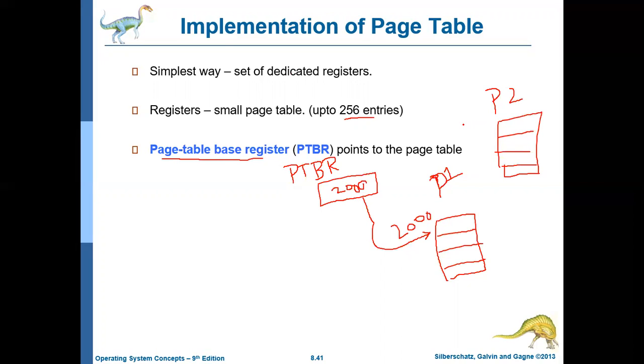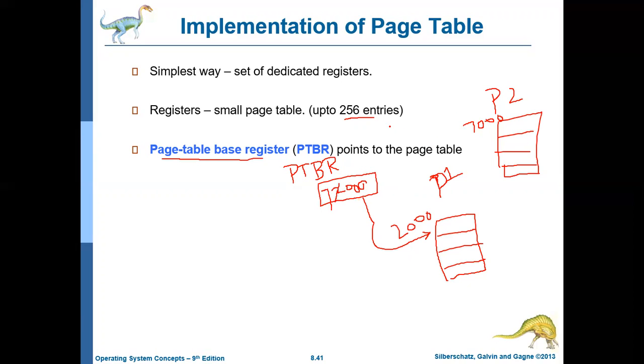And maybe this page table may start at location 7000. So at this point of time, the CPU is executing process 1, but later it may context switch to process 2. If it context switches to process 2, then this PTBR will be changed to 7000. Okay, right? So with this, the CPU will understand where the page table is available in the main memory.